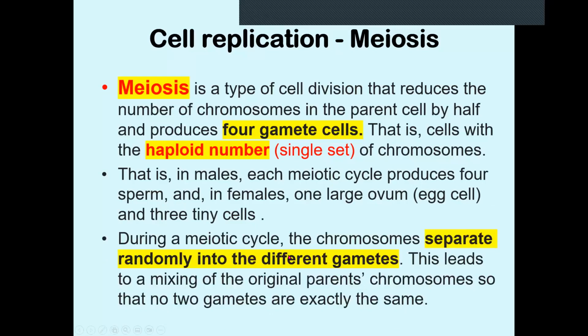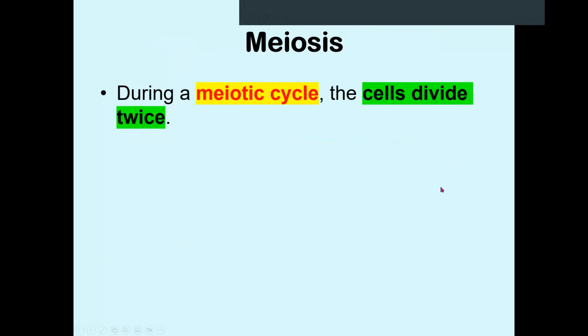During the meiotic cycle, the chromosomes separate randomly into different gametes. So you get a mixture of parents. The original parent chromosomes are mixed around, so no 2 gametes are produced exactly the same.